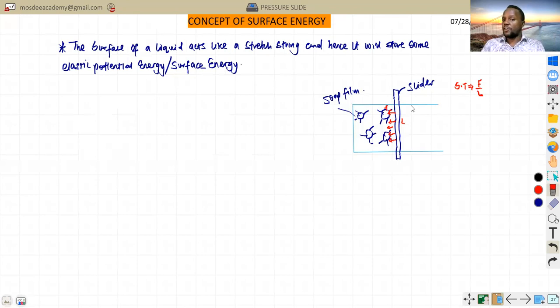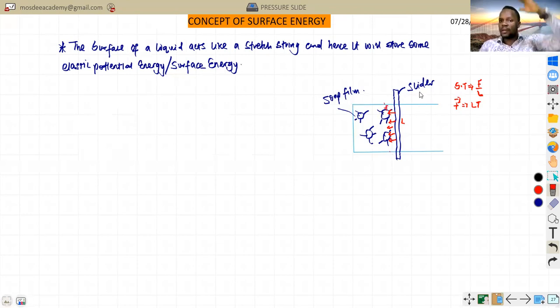Now, if we consider the force to be F, we can make the force acting here equal to L times T. As I am taking surface tension to be T, I have only cross multiplied. But if you look at the soap film, there are two surfaces: one acting on top, another acting below. I hope students can see what I'm trying to say.